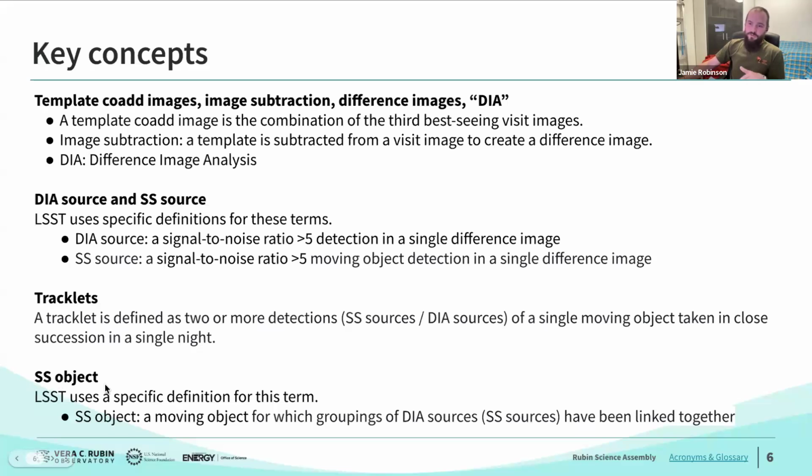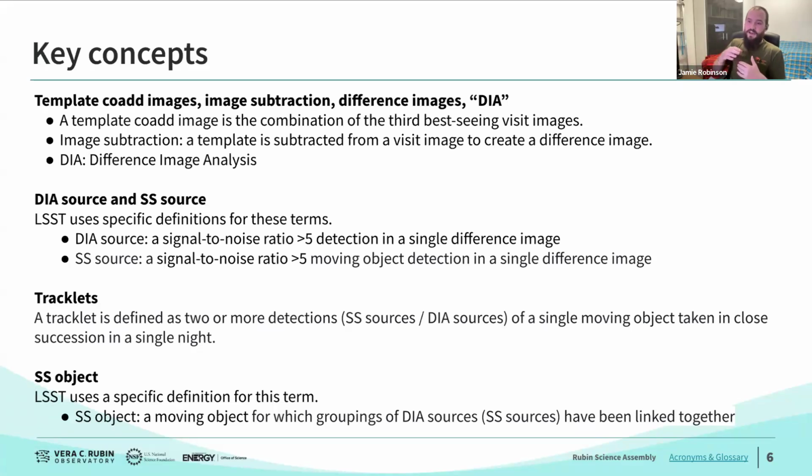And then you may have noticed in the other general DP1 discussions about catalogs, there's a difference between sources and objects. Within LSST language, an object is generally a grouping of sources for whatever reason. So, for example, most objects will probably be a DIA object.